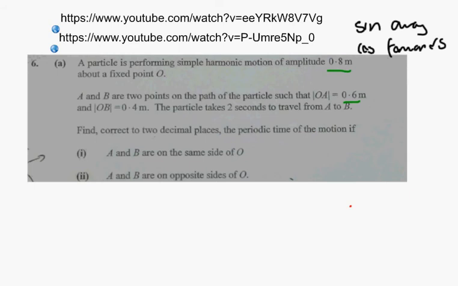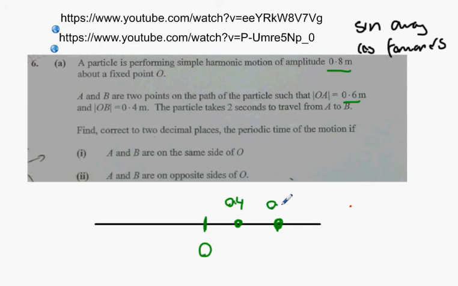So, if you draw your diagram, you're not starting here, that's the position of equilibrium. A positive 0.6 will leave you here, and then a positive 0.4 will leave you here.